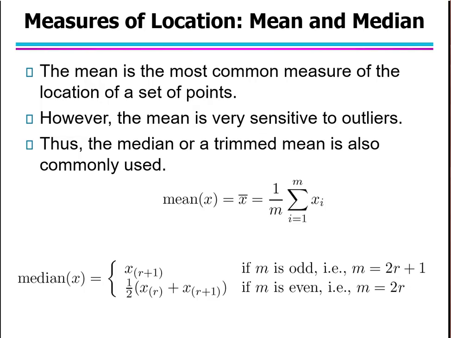However, the mean is very sensitive to outliers, extreme values that can skew the result. For this reason, the median, which is the middle value when all values are sorted, is also commonly used as it's less affected by outliers. Another alternative is the trimmed mean, which removes a certain percentage of the highest and lowest values before calculating the mean.